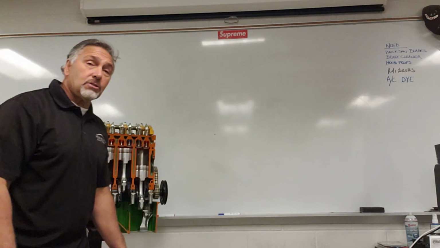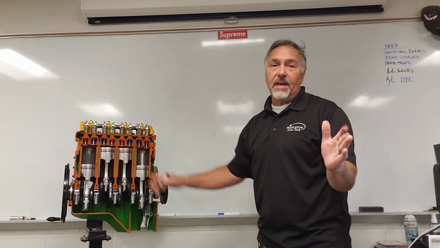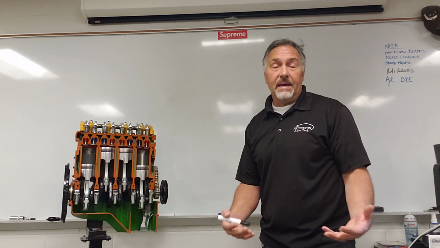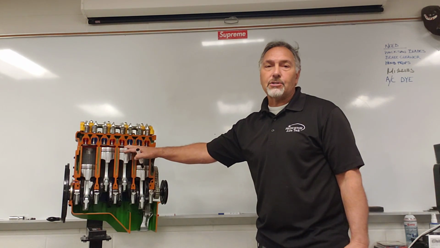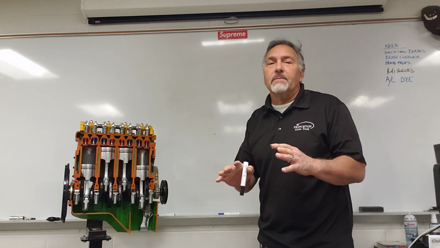So in most engines, most motors, first off, compression is measured, here in the US, in PSI, or pounds per square inch. And so that pressure, that compression in most motors, rule of thumb, is going to be somewhere between 150 PSI and 200.